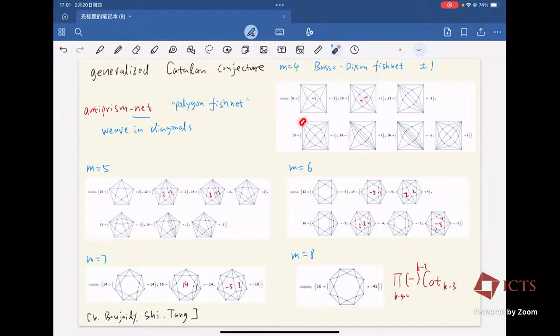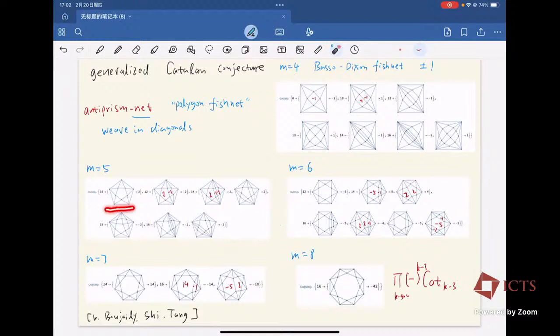Okay, so if you take the outer foregone limit, it becomes a 4-point conformal integral that's in the Basel-Dixon fishnet. And we know that their coefficient in the correlator comes with plus or minus 1. Now we have a generalization.